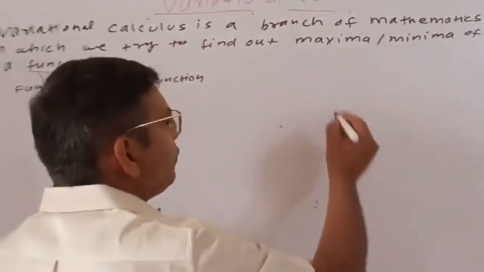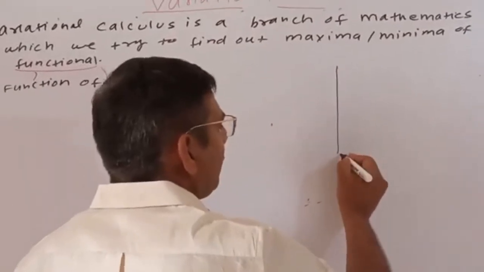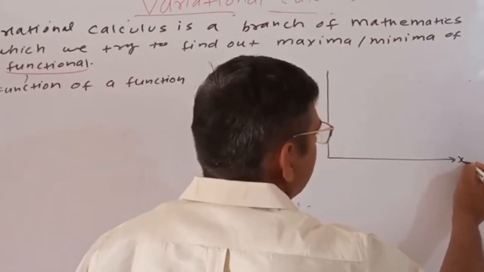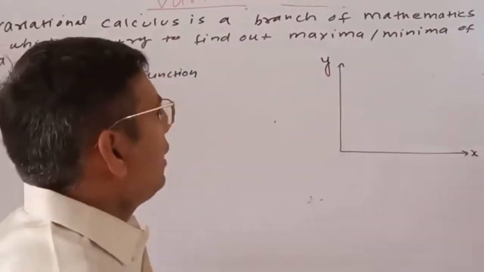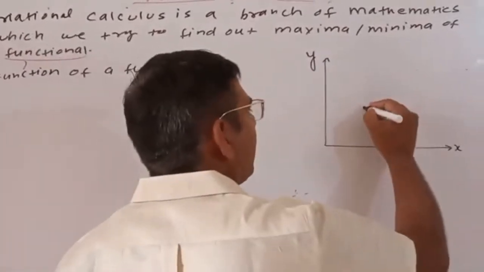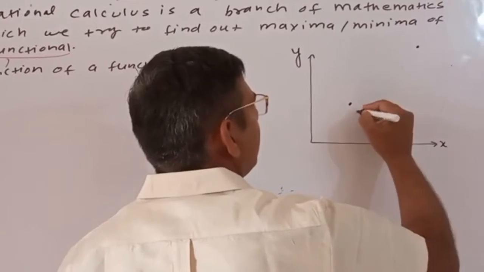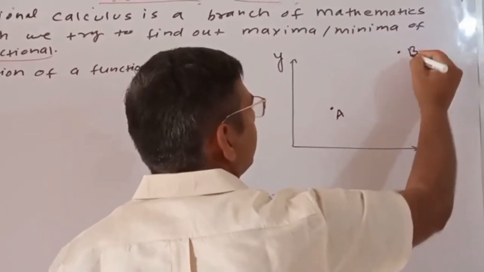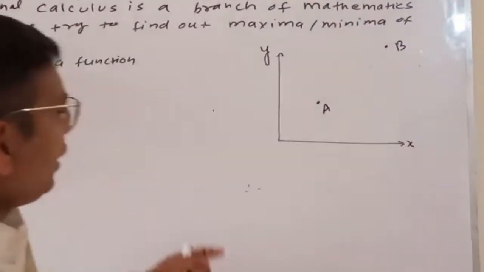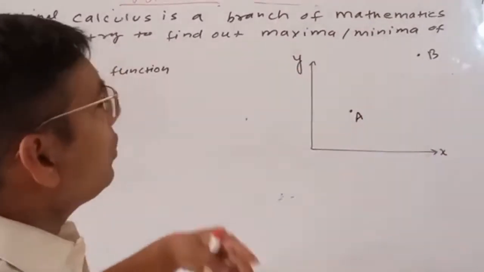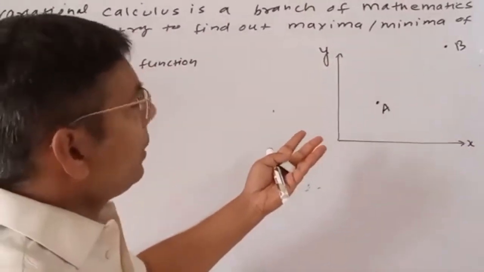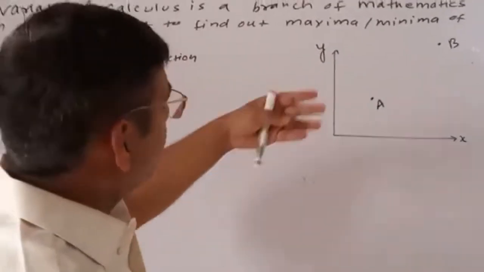So suppose we have here x and y, the function of x, and suppose we have here point A and this is point B. Like the brachistochrone problem, here also we are trying to find out the minimum of a function, sorry, the minimum of a functional.